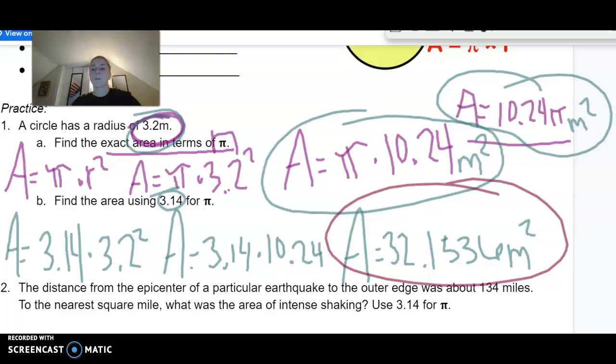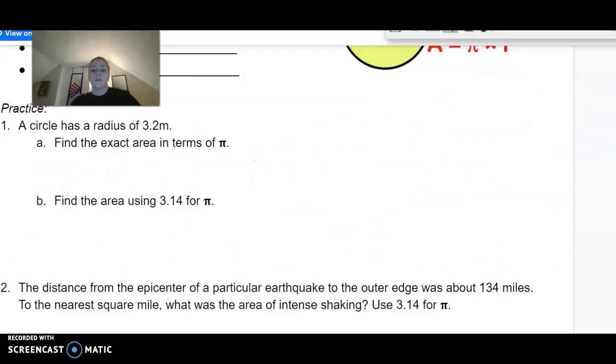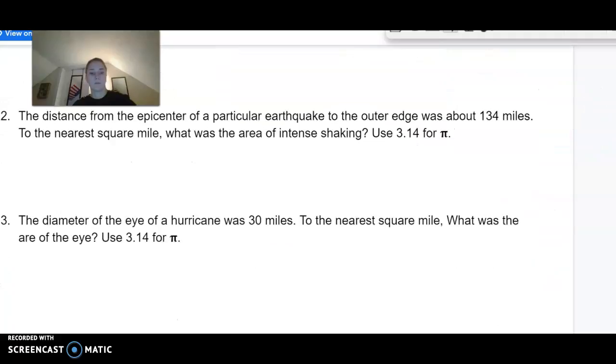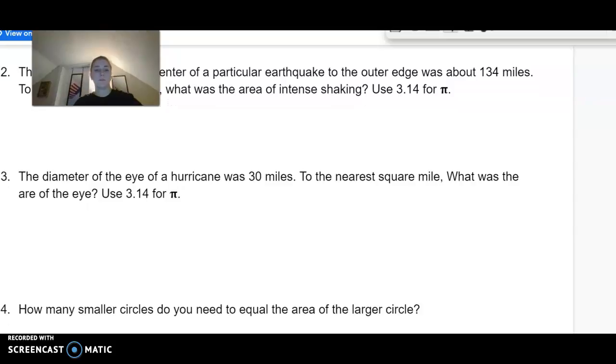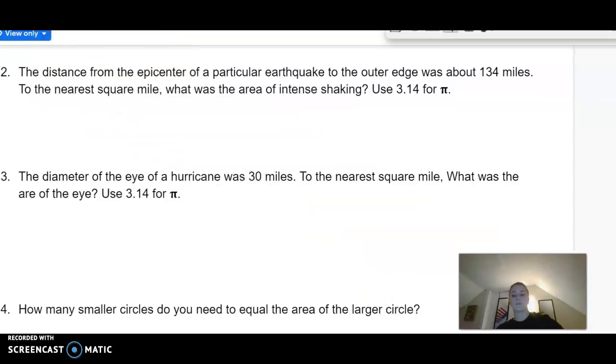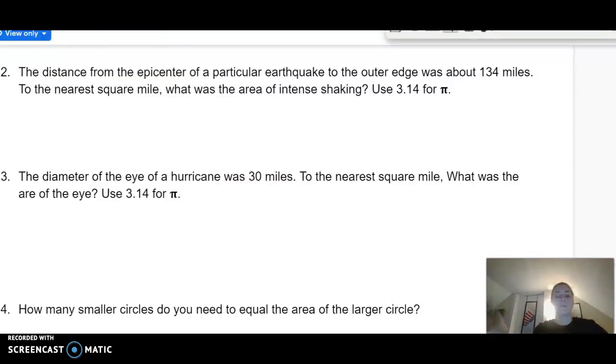All right. So now we're going to move down to example number 2. Example number 2 is telling us that the distance from the epicenter of an earthquake to the outer edge is 134 miles. So we're going to draw a picture over here. We have the center, and we're going to the edge.